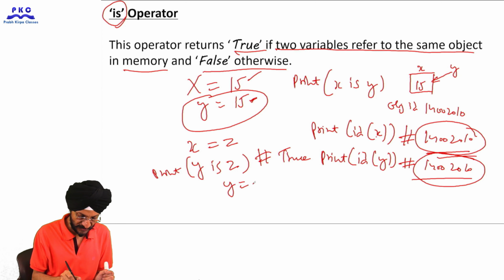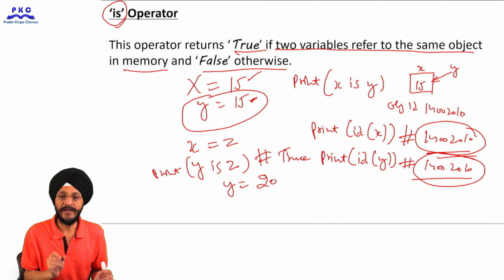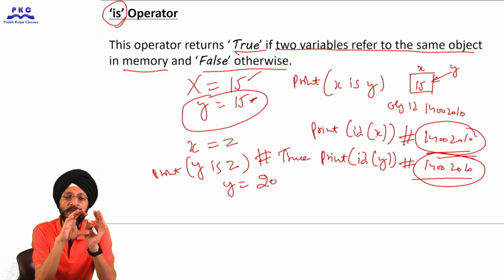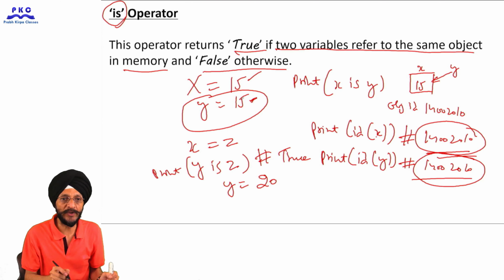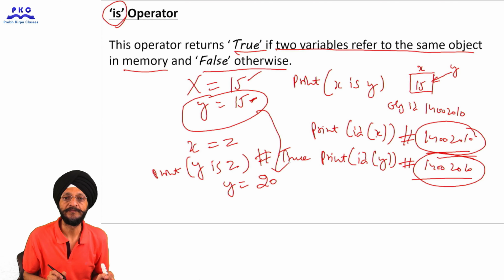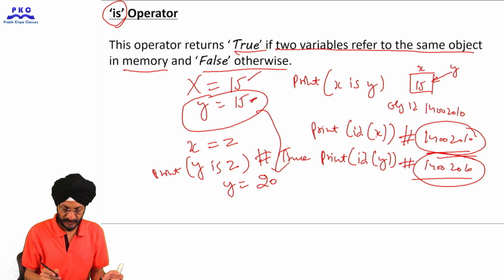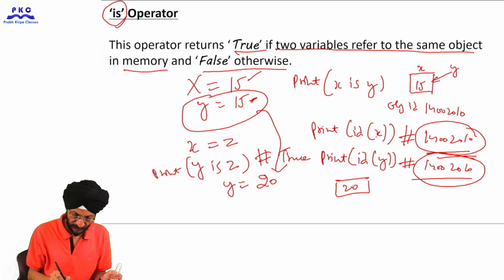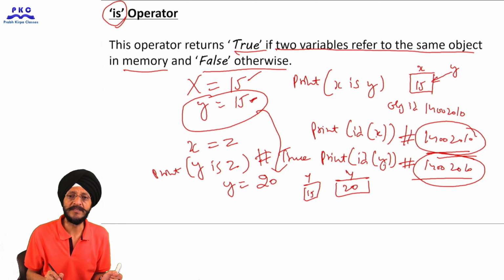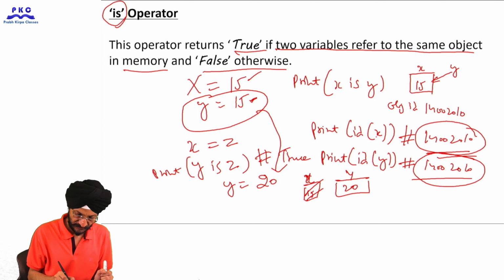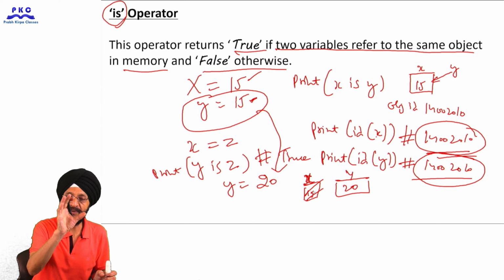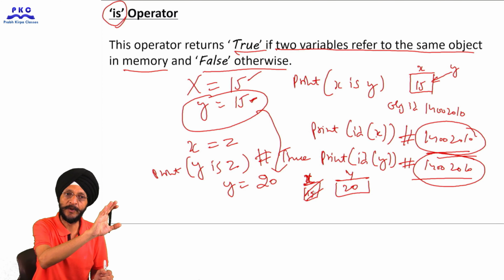If we change the value contained in the variable y, earlier it was 15, now we have changed it to 20. So now a new object is created. The variable x which was having 15 will remain because x is there.